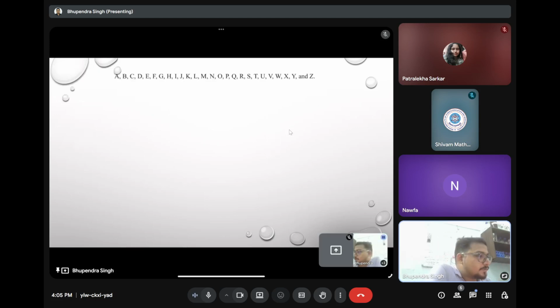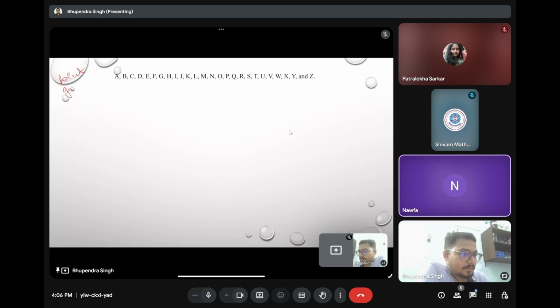Let's find the point group of the English alphabet. Today we will try to find out the point group of these letters. Now find the point group of A. Try.